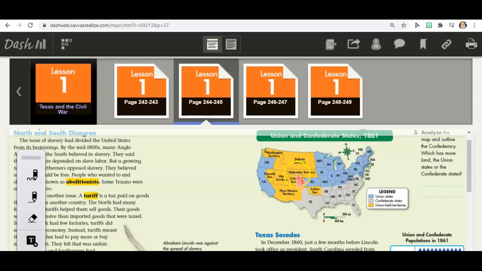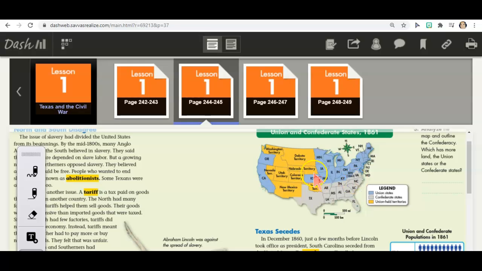So these are all territories. They're not states yet. You see Indian Territory, New Mexico Territory, Utah Territory. These are all controlled by the Union states over here and these two over here. But this is the North and the South, the Union and the Confederacy.